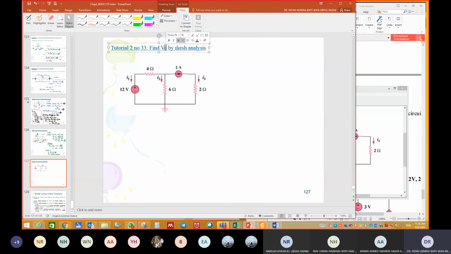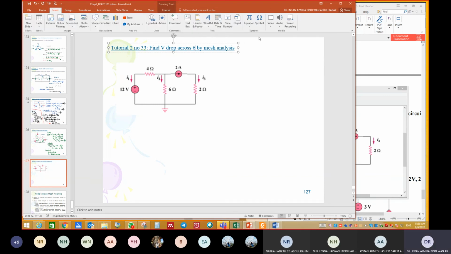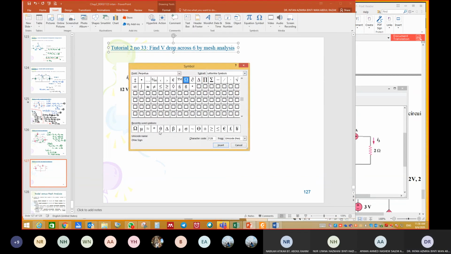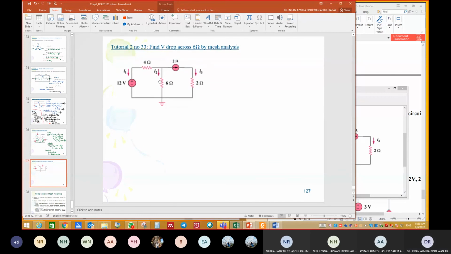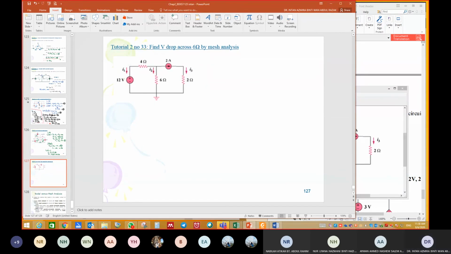Find V drop across 6 ohm. Okay, now try. By mesh analysis. Try.